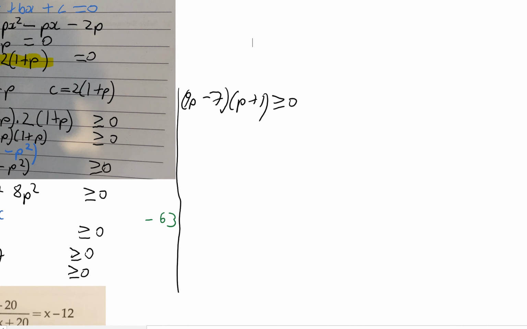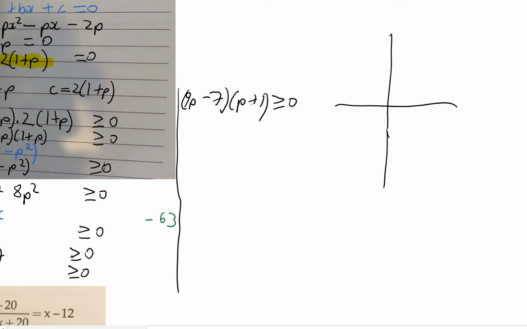Okay, so let's think about what that's going to look like. So it's a parabola, isn't it? If we did the graph of p, you can see it would be 9p squared, so it's positive. It's a positive parabola, so it's smiling.